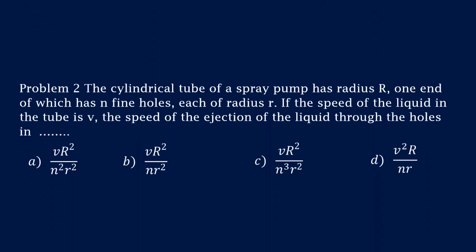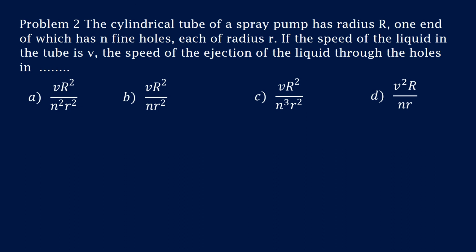Problem 2. The cylindrical tube of a spray pump has a radius R, one end of which has N fine holes, each of radius r. If the speed of the liquid in the tube is V, calculate the speed of the ejection of the liquid through the small holes.